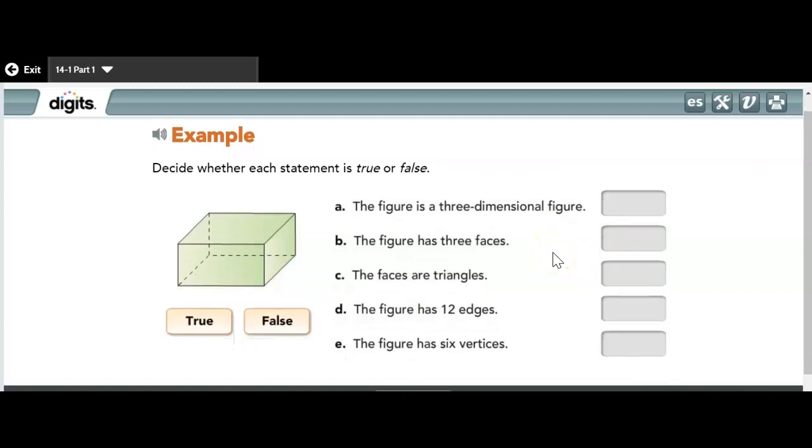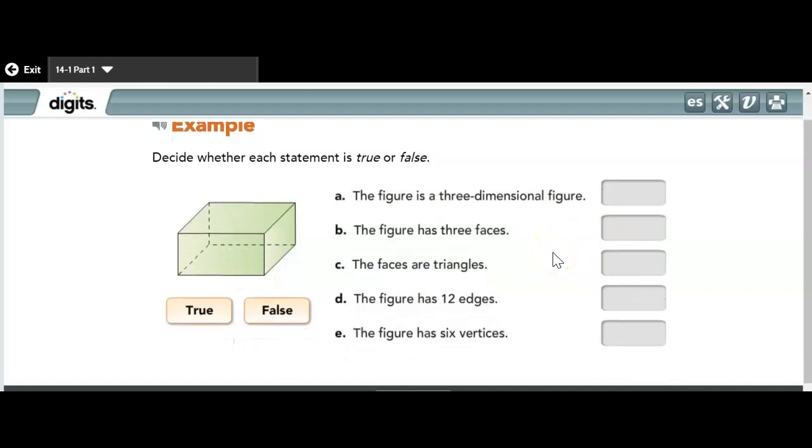All right, the next thing I want you to do on your guided notes is to decide whether each statement is true or false. Go ahead and take this time to solve for those. The figure is a three-dimensional figure. That is true. It has 3 dimensions.